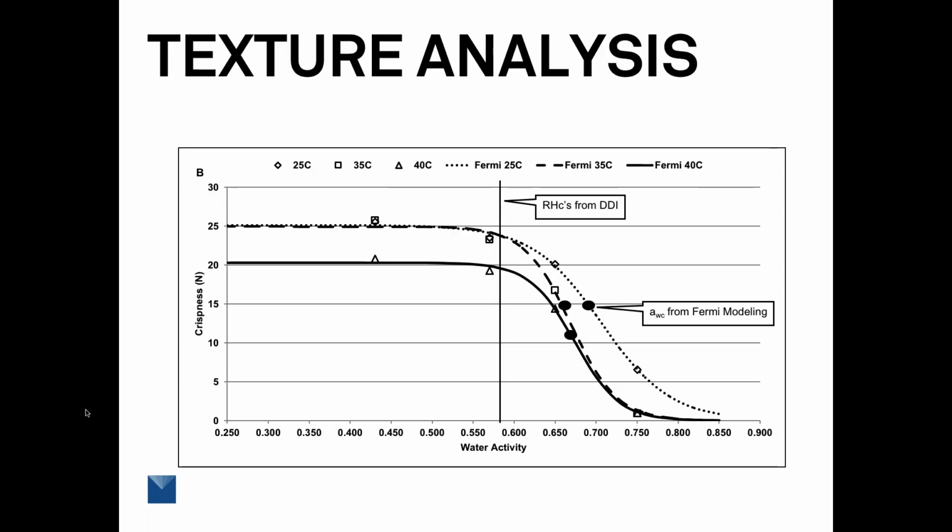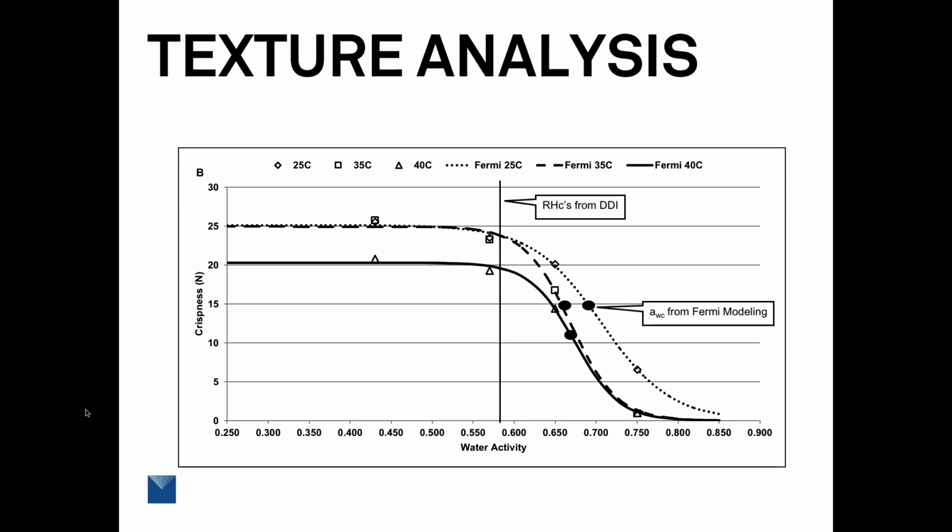So then we did texture analysis using the texture analyzer, as I identified earlier, with the samples held at different water activities and temperatures. And what we saw was this expected sigmoidal relationship where texture starts to fall off at a critical water activity. This has been shown in the literature multiple times.